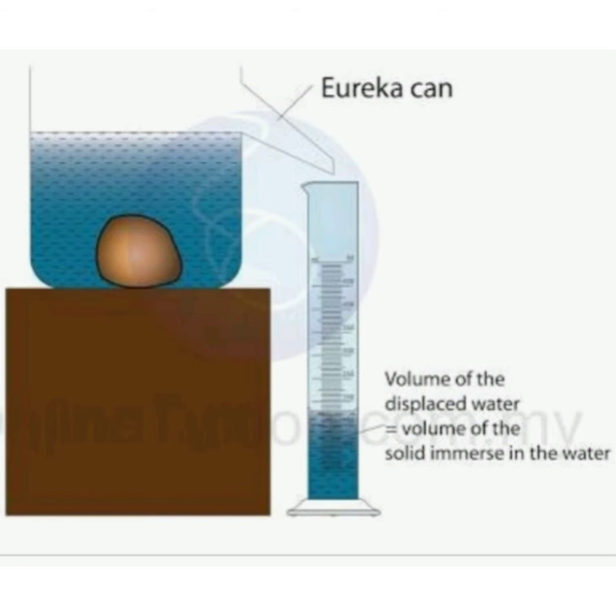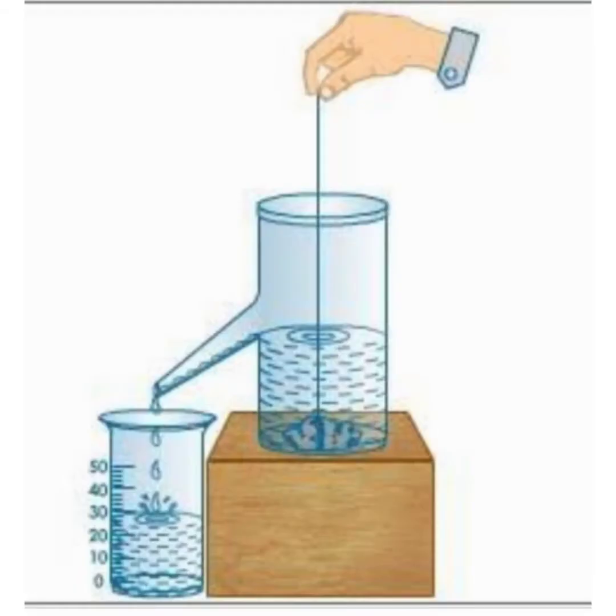This mass is denoted as m1. Place it below the spout of the can. Now, tie the solid with a thread. Drop it into the Eureka can. Make sure the solid is fully submerged.